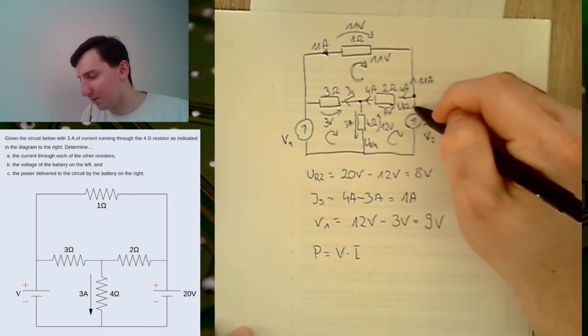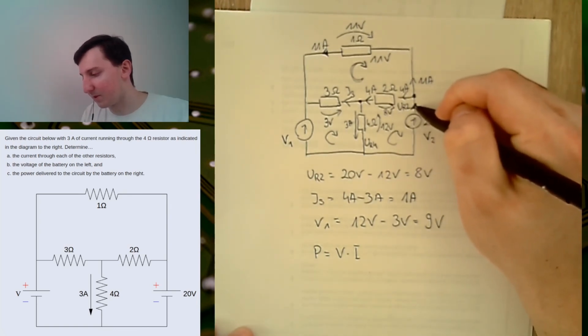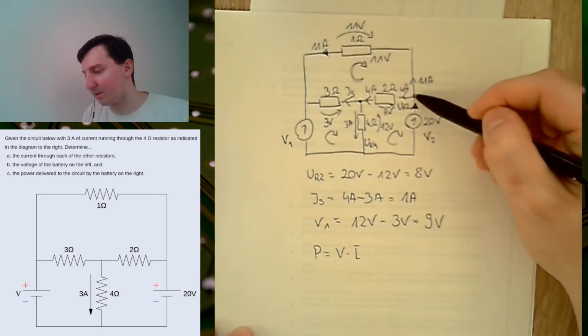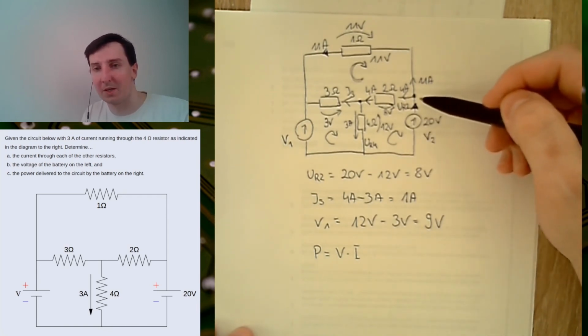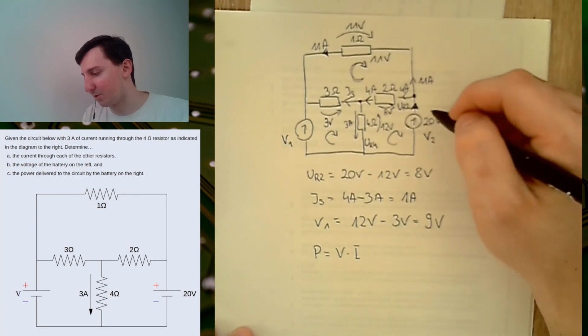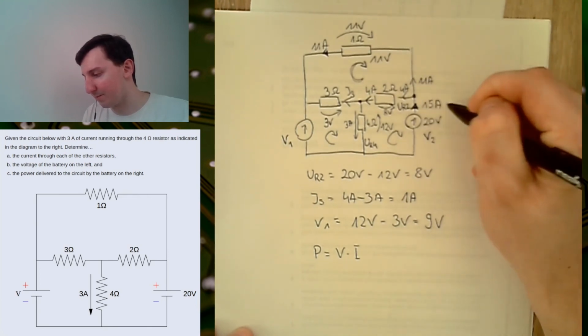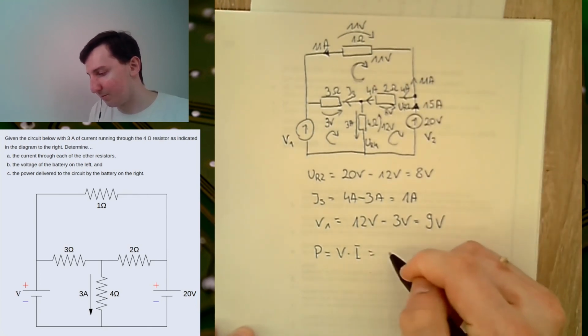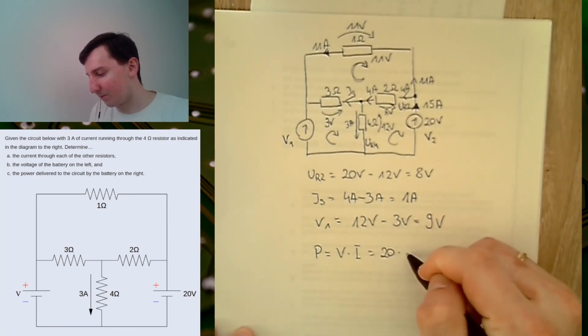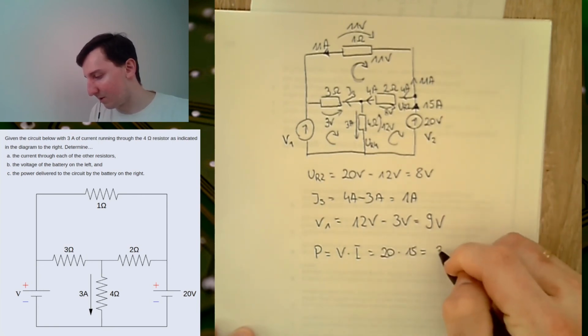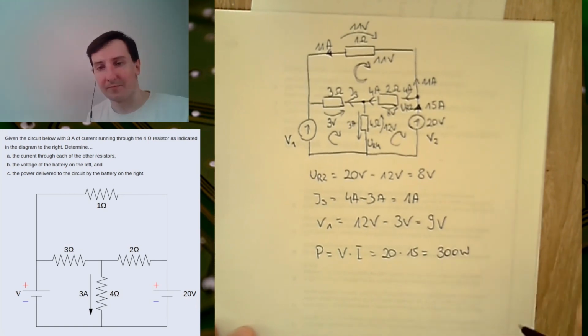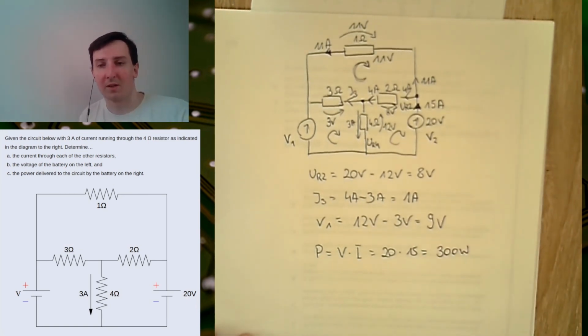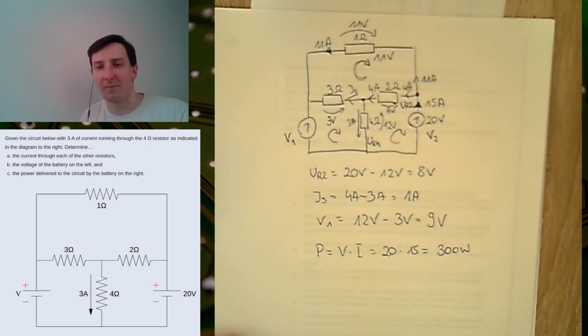So again, we know that the incoming current to this node must be equal to the sum of these two, so 15 amps. Now we can calculate easily. 20 times 15 is 300 watts. Okay, so this is the solution to this problem.